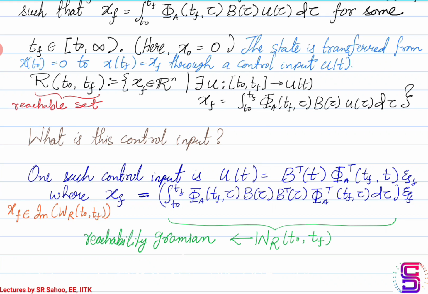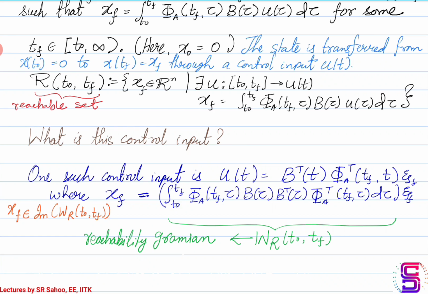Now what is this control input? One such control input that can be thought of is this: u(t) is B transpose phi A transpose (tf, t) psi F. Psi F is some arbitrary vector in Rn.